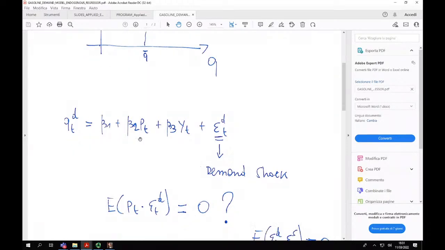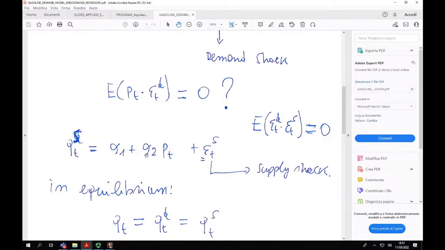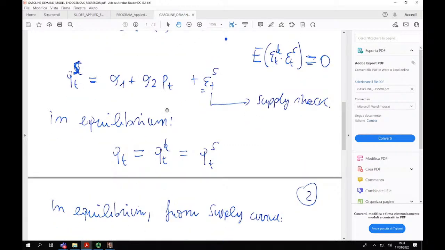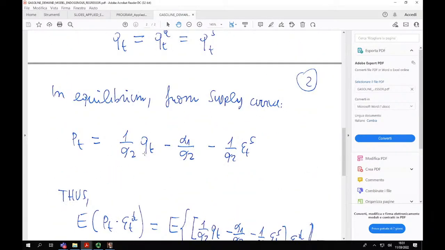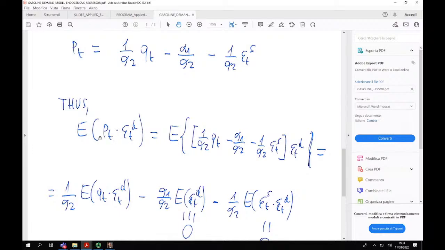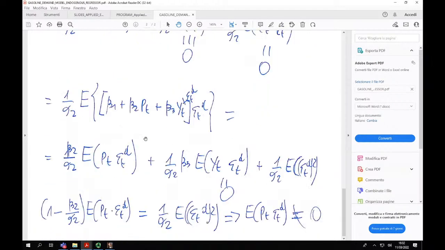And this simple example says if we have a supply equation like this, from the supply equation you simply derive an expression for the price, and you compute the covariance between the price and the error term of my demand equation model. You can replicate this computation by hand.